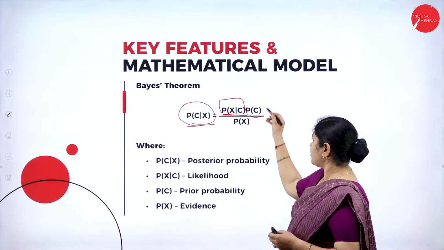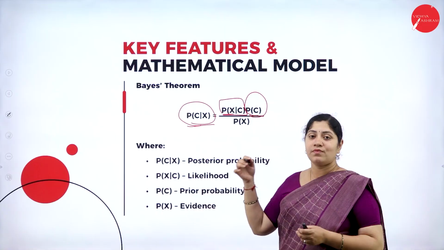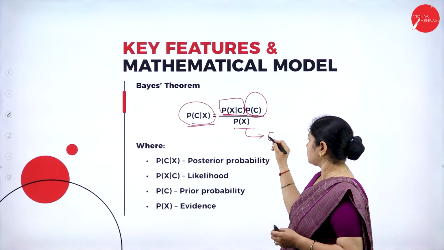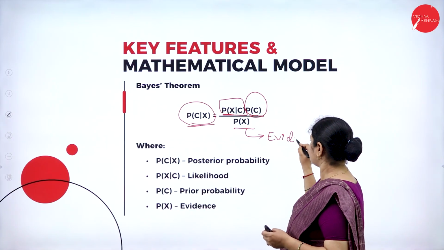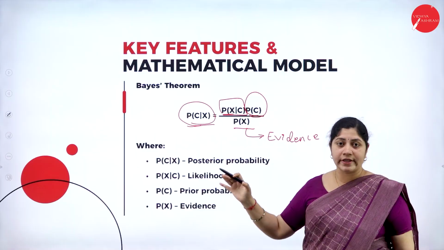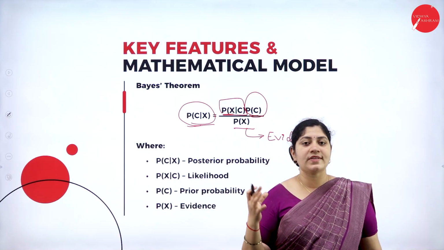What is that prior probability defined as? P of C. Further, P of X is none other than the evidence. Thus, this is a simple expression that is considered for Bayes theorem.